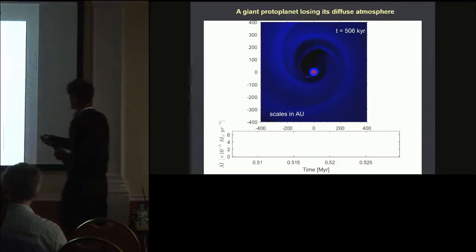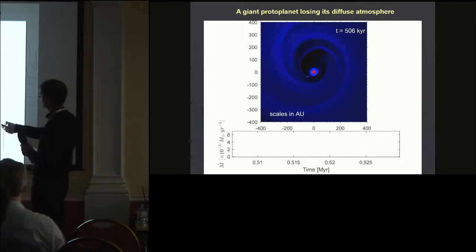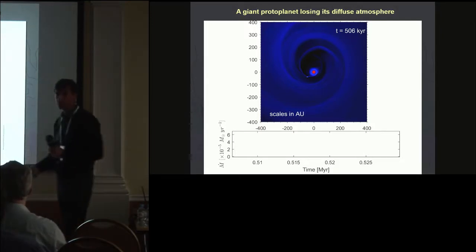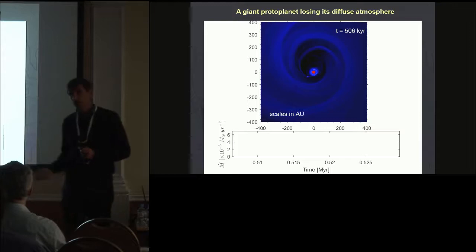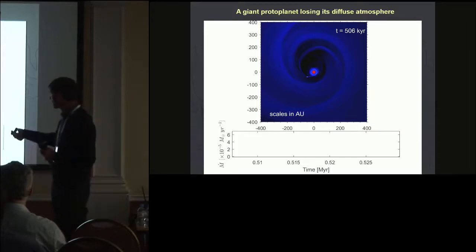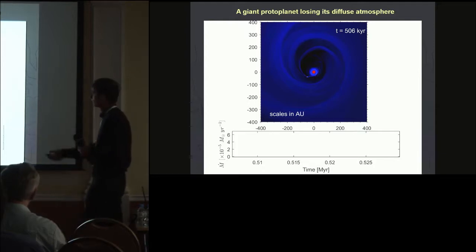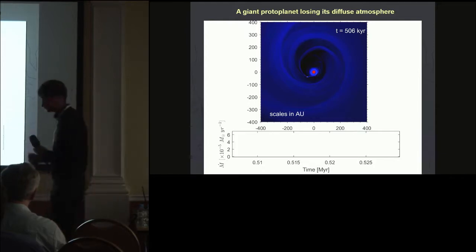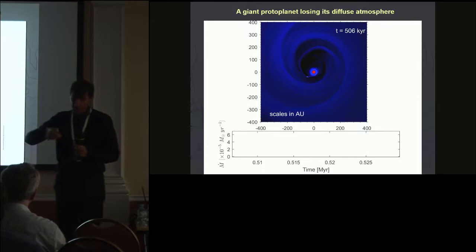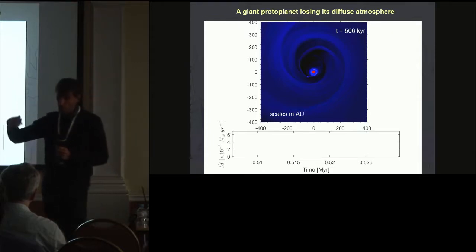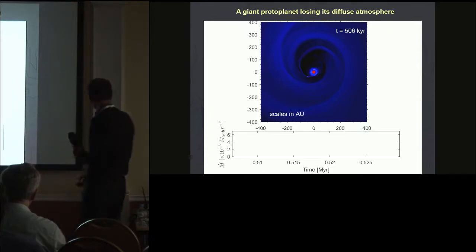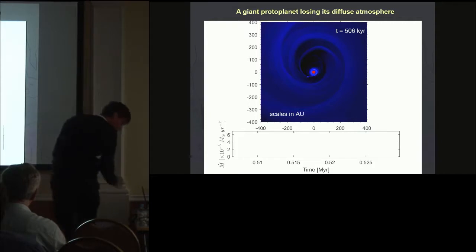Another simulation also shows a protoplanet, a really formed protoplanet here, and it has already opened a gap. You see this gap in the disk, and this protoplanet is on an eccentric orbit. As it approaches closer to the star, it can lose part of its atmosphere and produce a burst.